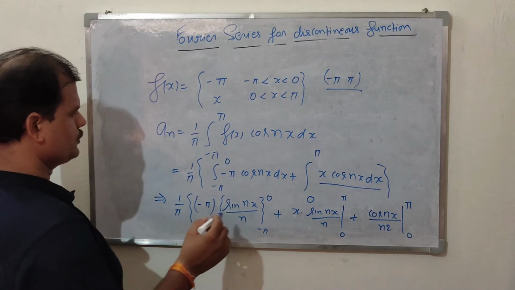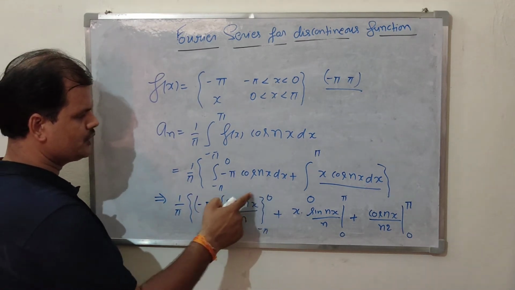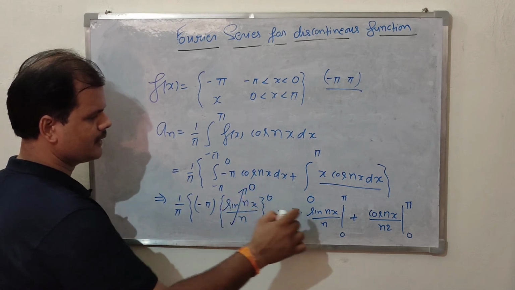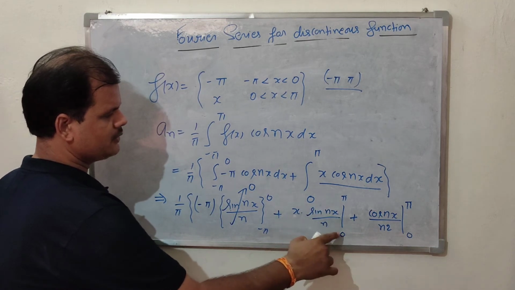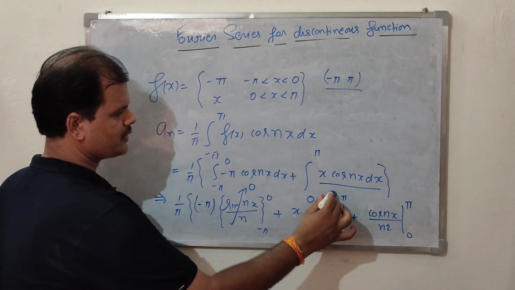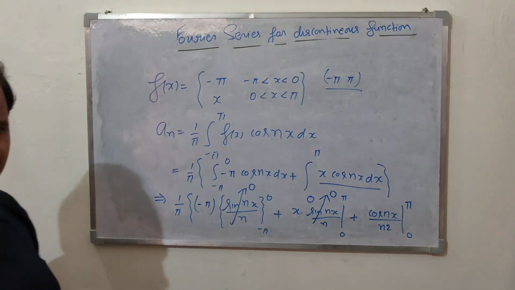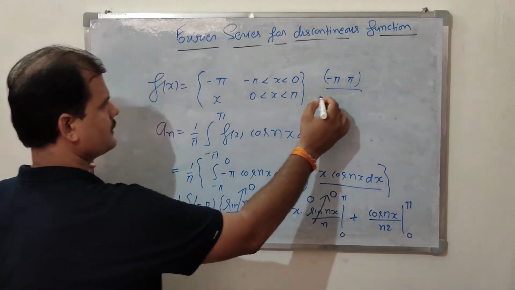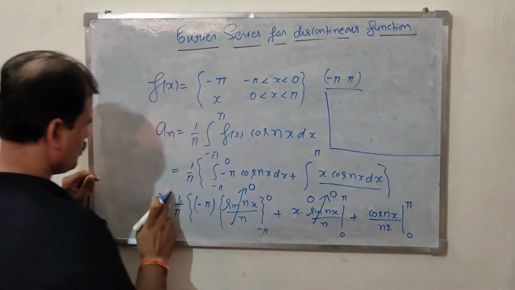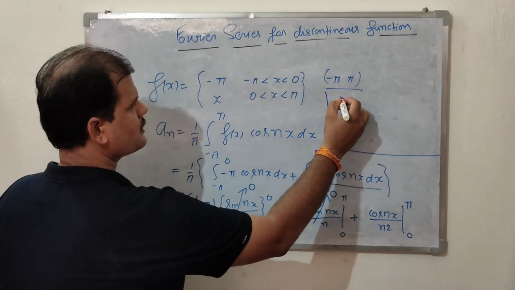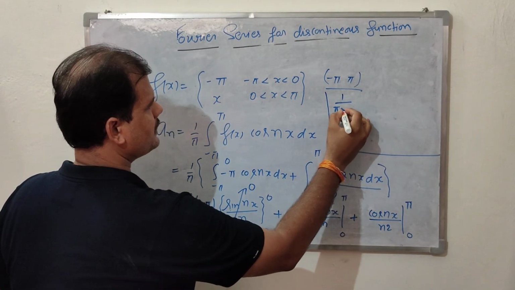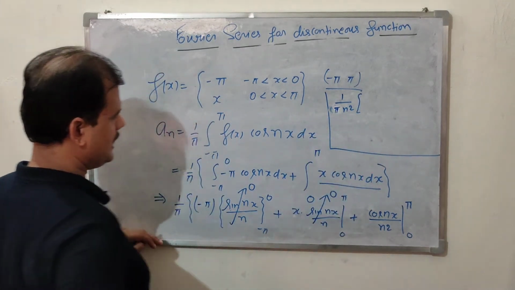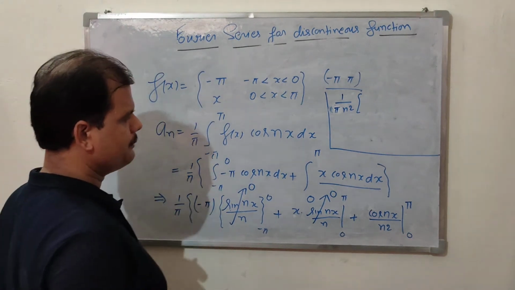Then see, for this sine term, if you put 0, sine 0 is 0, sine minus pi is 0, so this term will be 0. If you put pi, 0, sine pi is 0, sine 0 is 0, so the first two terms are 0. Now we'll have the last term. So the last term we calculate like this, only a single term: 1 by pi, and here we have n square, so I can write 1 upon pi n square, and cos n pi minus cos 0.